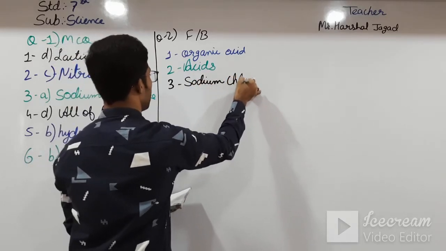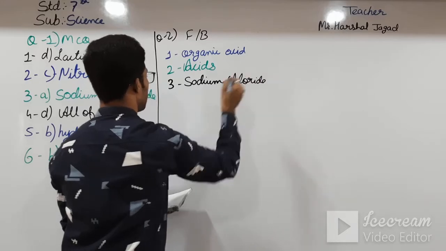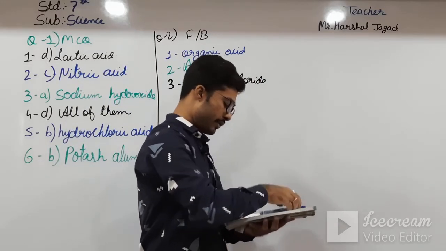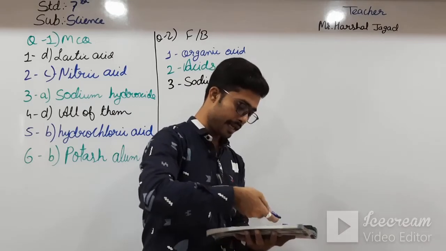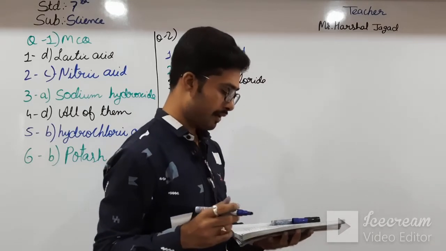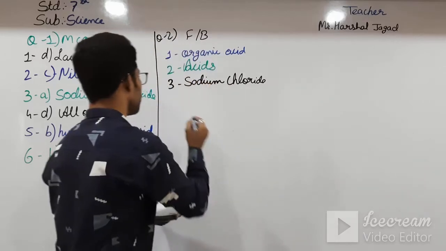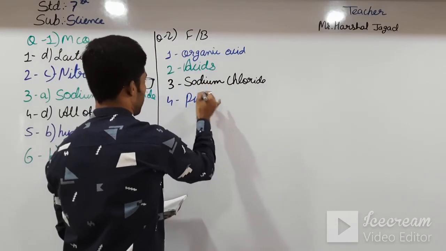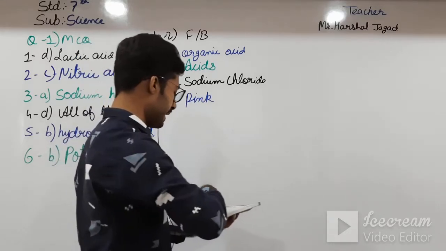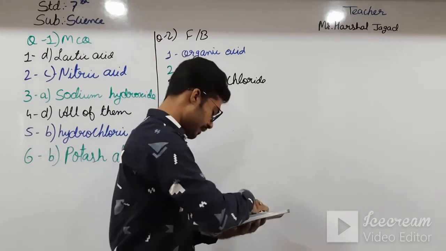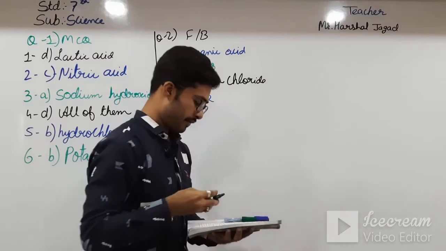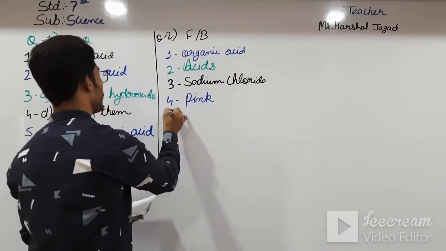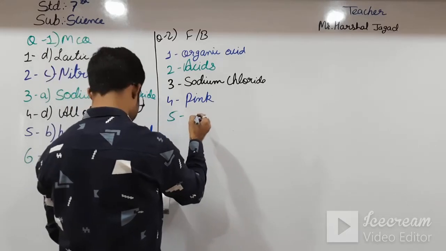Fourth one: when you use phenolphthalein as an indicator, it gives the color dash for bases, pink. Pink for bases. Fifth one: litmus is used as dash, indicator or detergent, so it will be indicator.